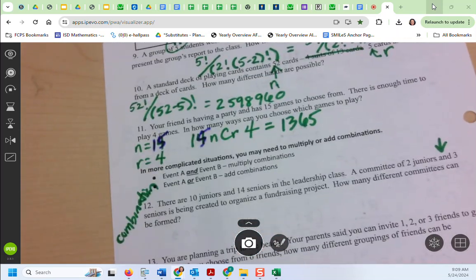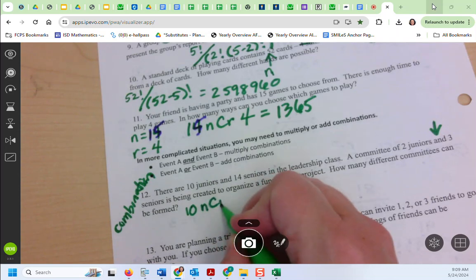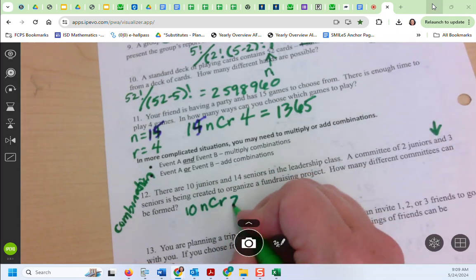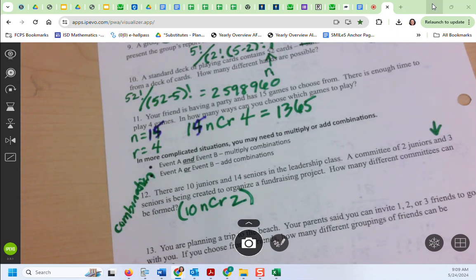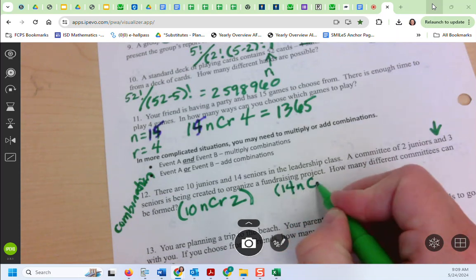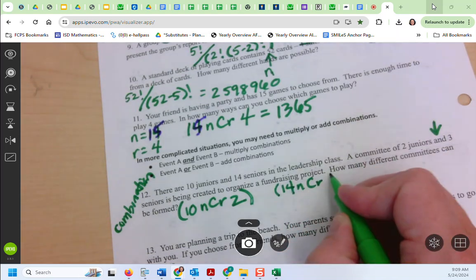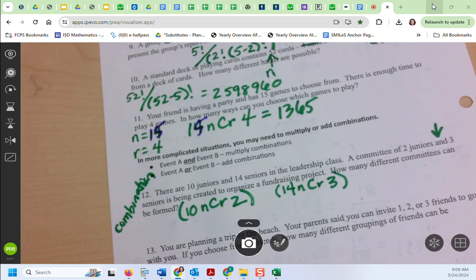Okay, and for the juniors, there's 10 of them, and we're choosing 2. For the seniors, there are 14 of them, and we're choosing 3. And so the last thing we have to figure out is, are we multiplying or adding?